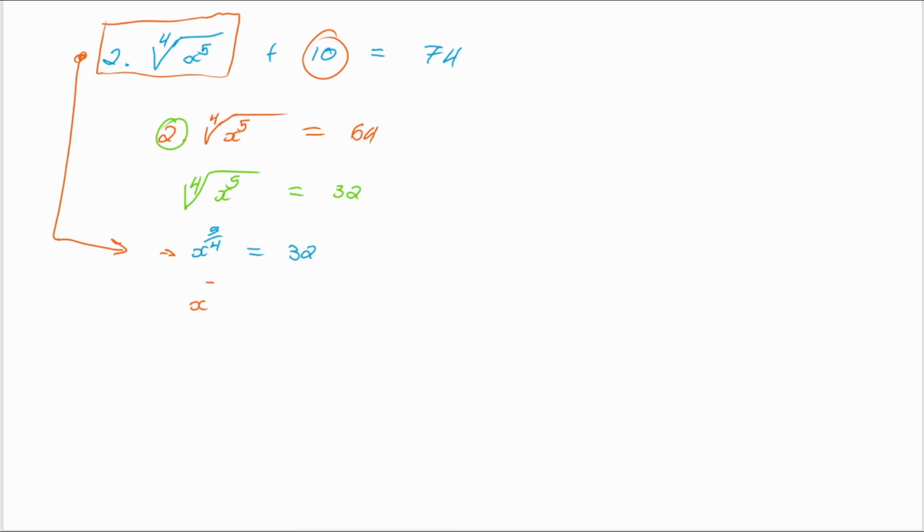If we have a look here, we know that check 1 doesn't apply, so we just inverse. So here we get x equals 32 to the power of 4 over 5. If we put that in our calculator, we get 16. So x is 16. And again, I don't have to put a plus minus because this is odd.